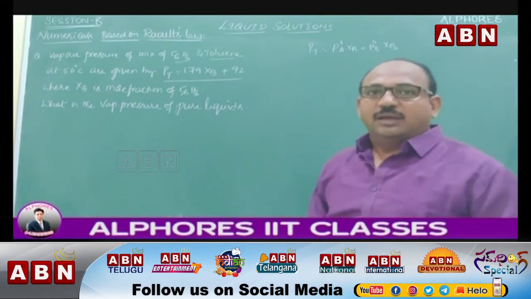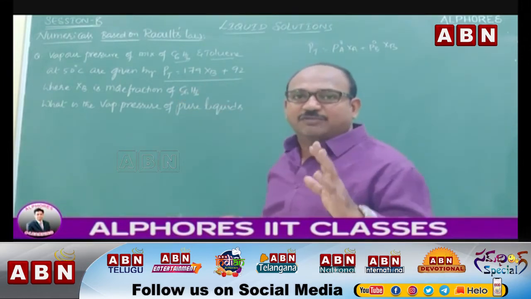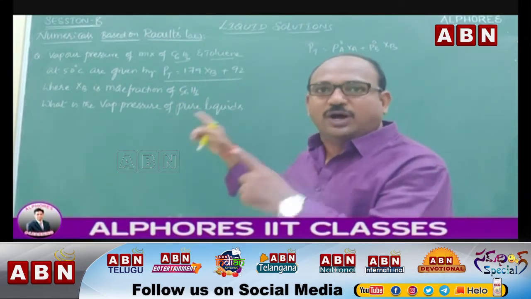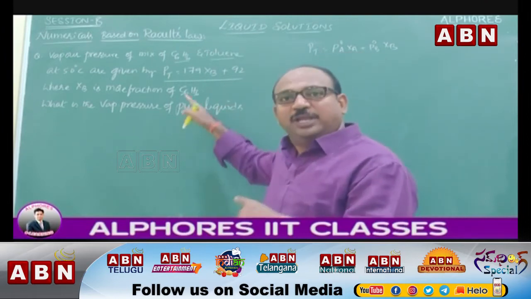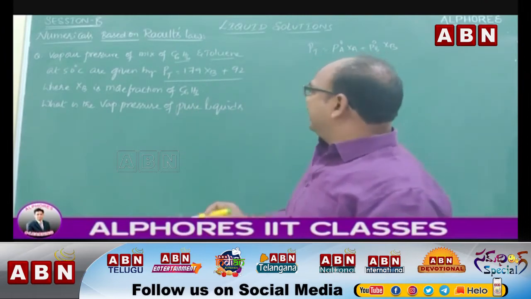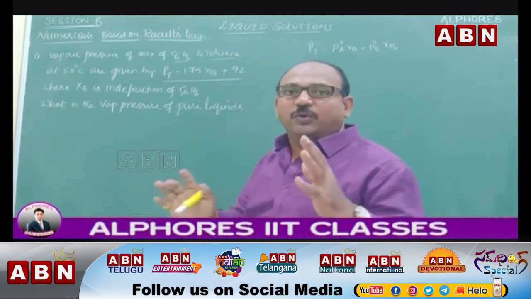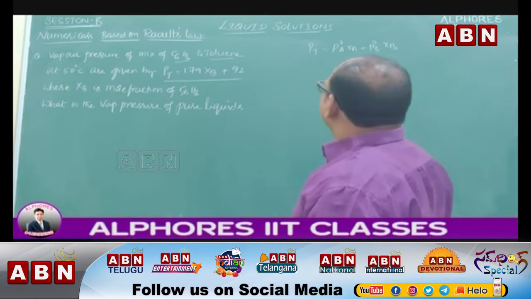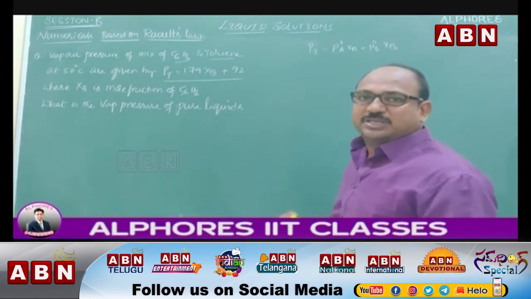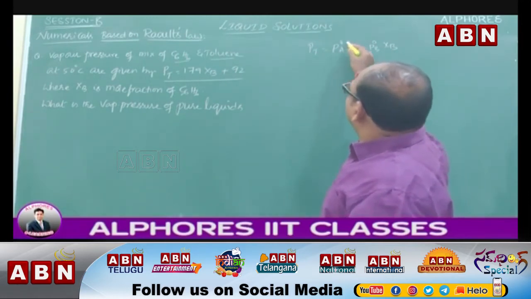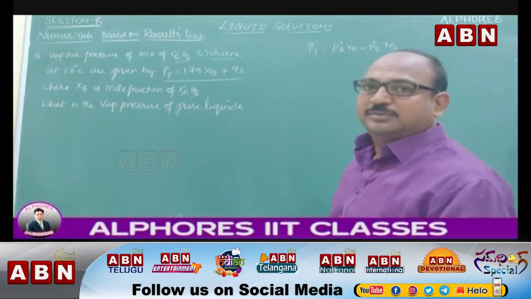But here he did not provide such information, and instead he asks us to find P naught A and P naught B. That means we need to find the pure liquid vapor pressures. For that we have to use this expression, P naught A XA plus P naught B XB.